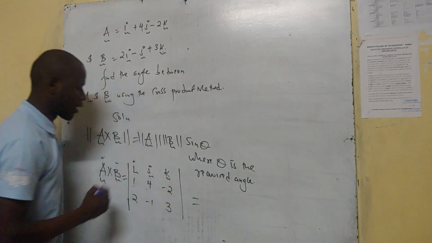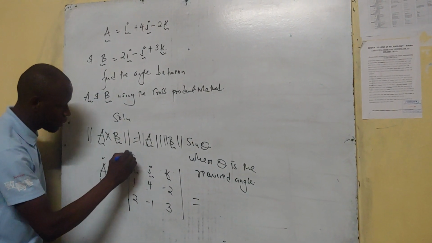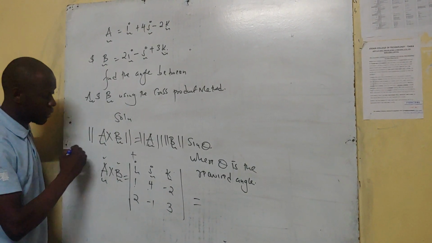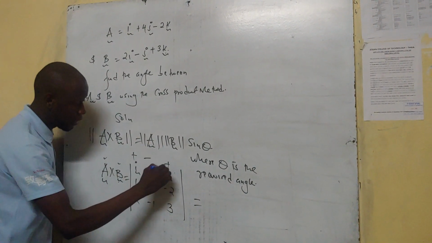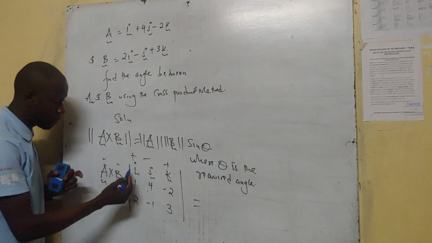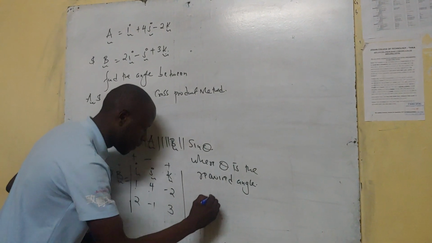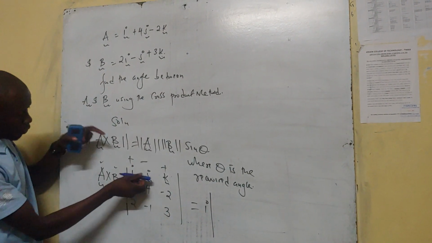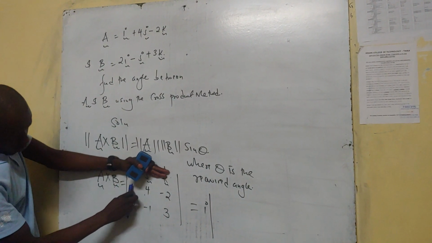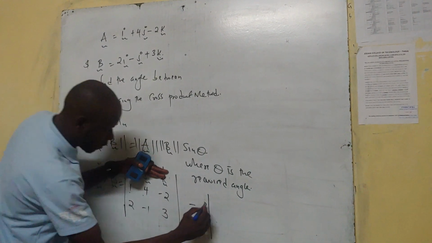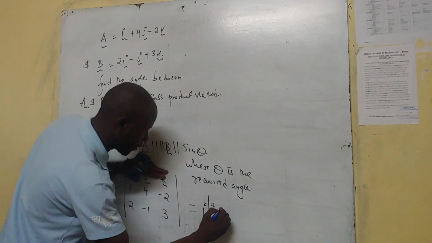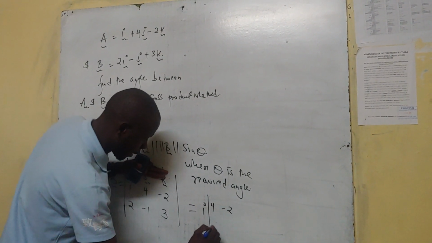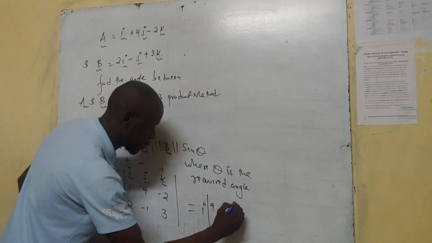As we have said in our previous videos, we use the top row and give them signs: positive, negative, and then positive. So we have positive I. When we close the row and the column where I is, the elements that remain are 4, -2, -1, and 3, and we get their determinant.